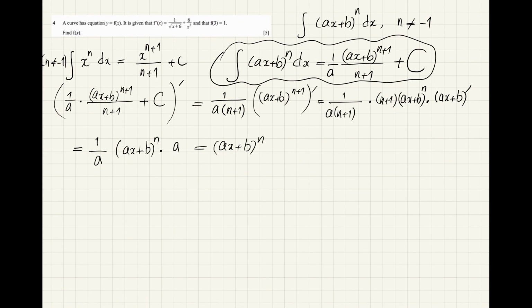So in this problem, f prime of x is given to be 1 over the square root of x plus 6, plus 6 over x squared. Okay, so if I want to find f of x, I need to integrate this given function, yes?